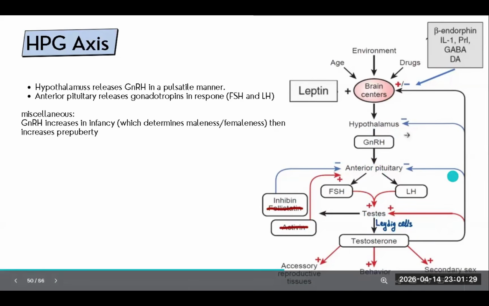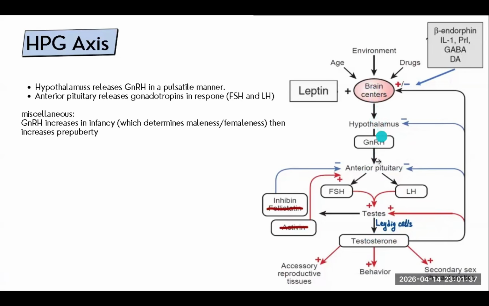It has a negative feedback on the hypothalamus on GnRH production and negative feedback on the brain centers on stimulation of the hypothalamus. On the other hand, inhibin, which is a product of FSH binding to the Sertoli cells, would have a negative feedback on the anterior pituitary on FSH production.